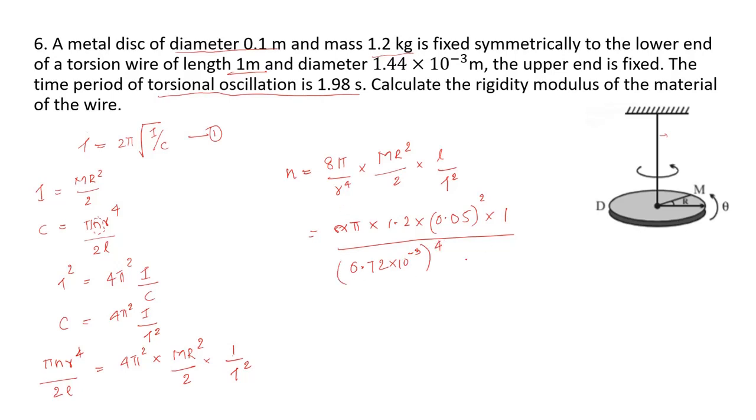So r to the power 4 into 2 into the time period squared, 1.98 squared. On solving this equation, we will get the rigidity modulus of the material to be 3.579 into 10 to the power 10 Newton per meter square. This is the rigidity modulus of the material of the wire.